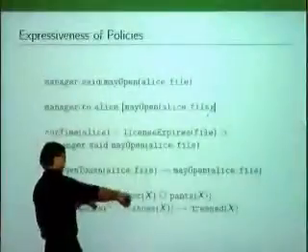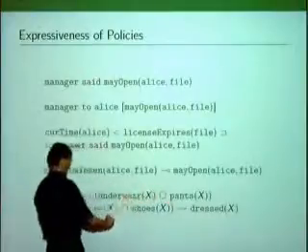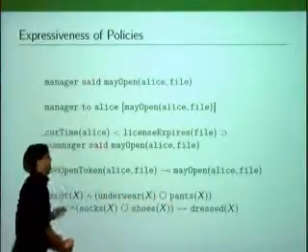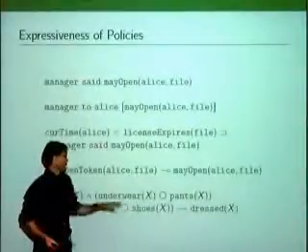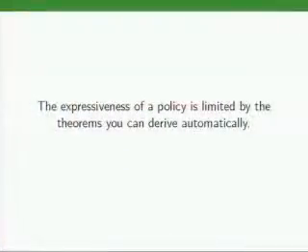So we might say, well, you have to put on your underwear before your pants and your socks before your shoes in order to be dressed. And so if we have a notion of ordered logic, we can encode these kinds of things in the policies. So the point behind these examples is that the expressiveness of your policy is limited only by the theorems that you're able to derive automatically.